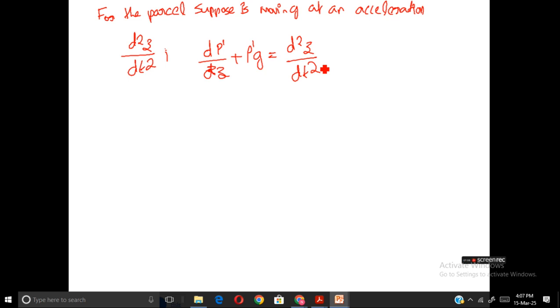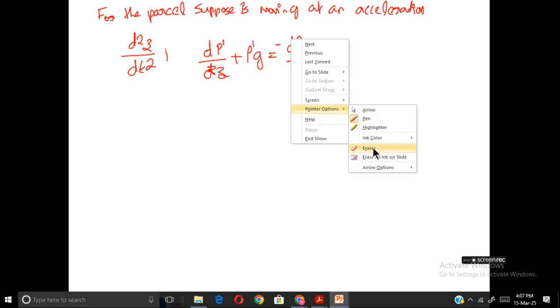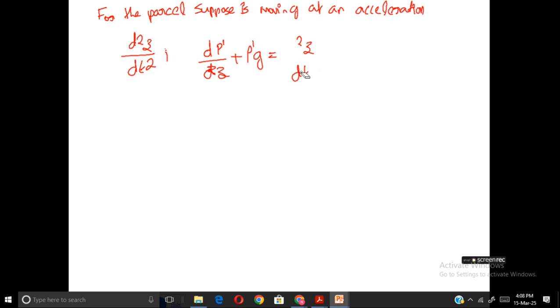So d square z by dt square, which is basically the vertical acceleration of the parcel, will be equal to dp dash by dz plus rho dash into g, divided by minus rho dash into d square z by dt square.